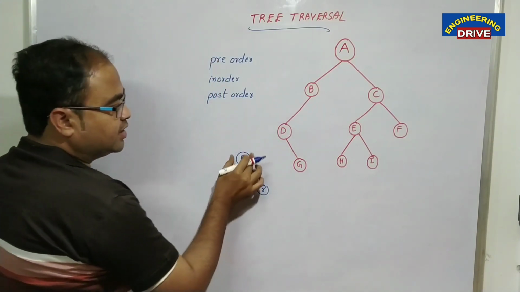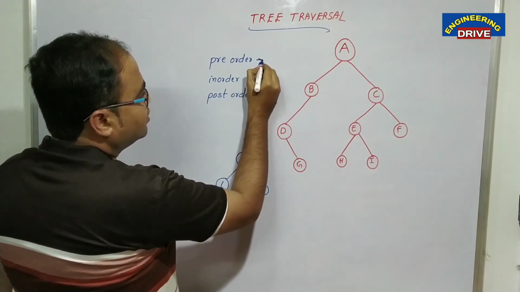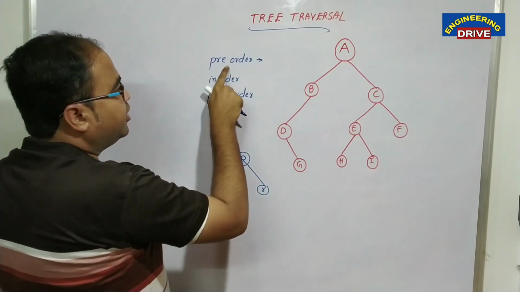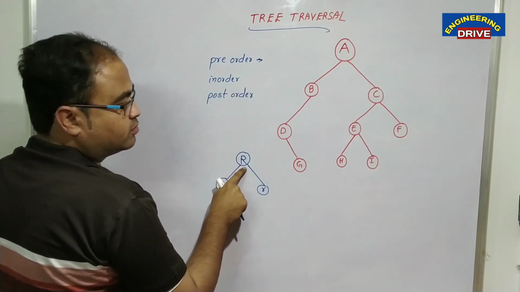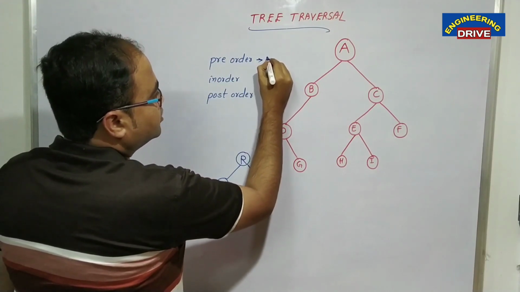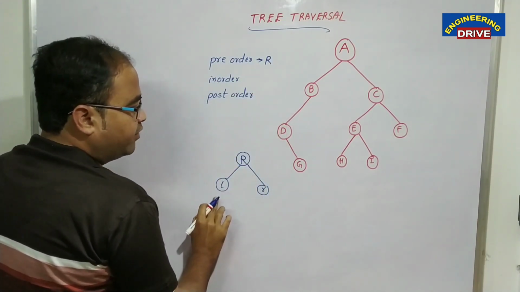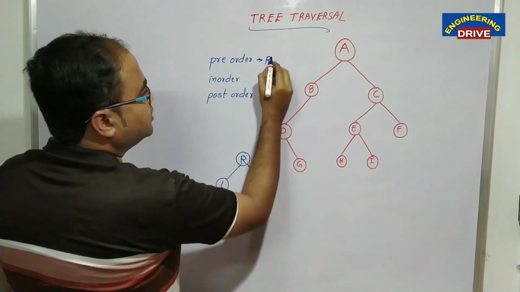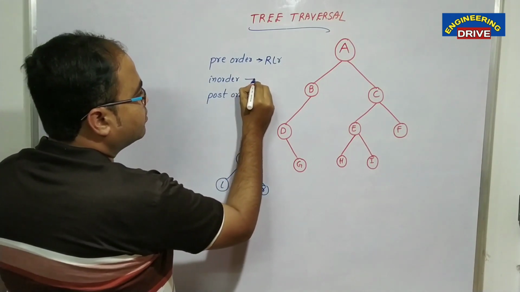Capital R is the root node. In pre-order traversal, we visit the root node first, which is R, then the left child and the right child node, which means small l, small r.